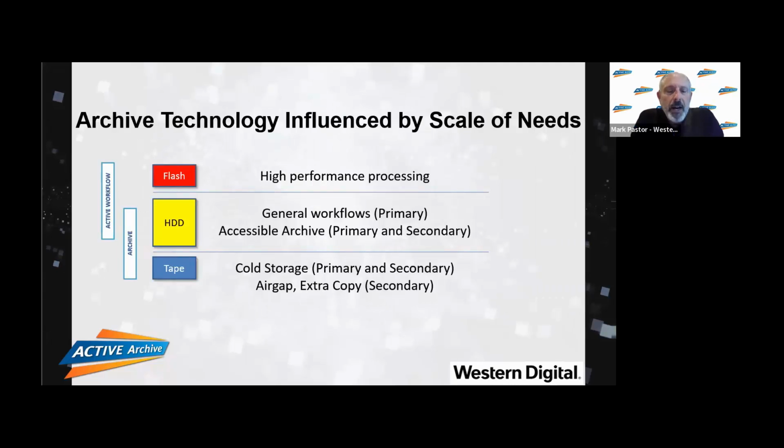Okay, so I think this is going to reinforce a lot of what you've heard so far. With flash, that's clearly going to be oriented toward high performance processing operations. There is certainly a multiple of the cost of flash over the next tier, which would be hard drive storage.